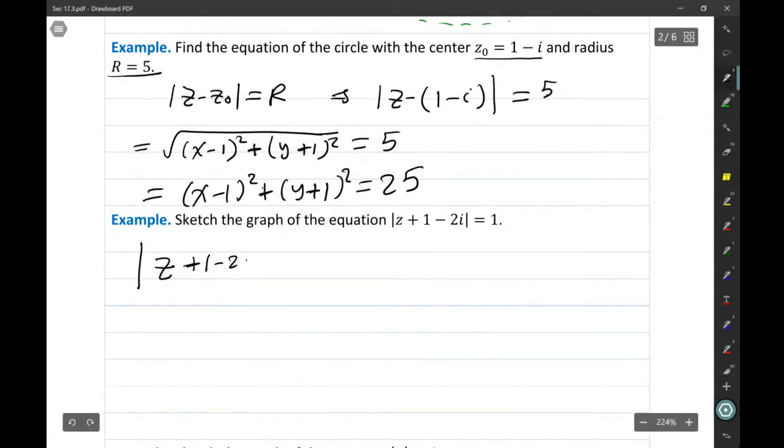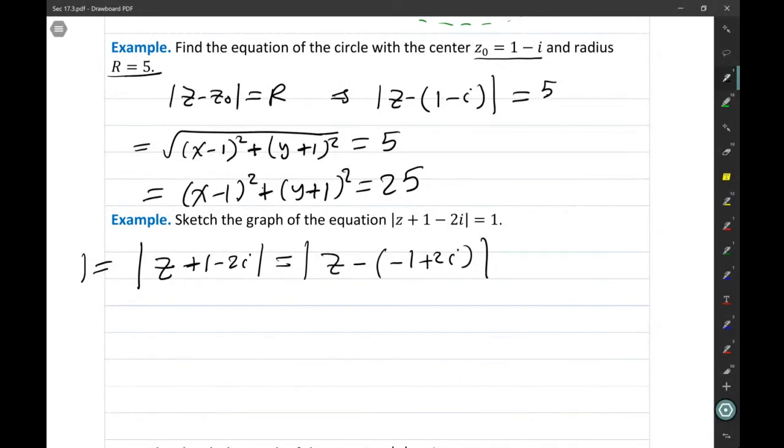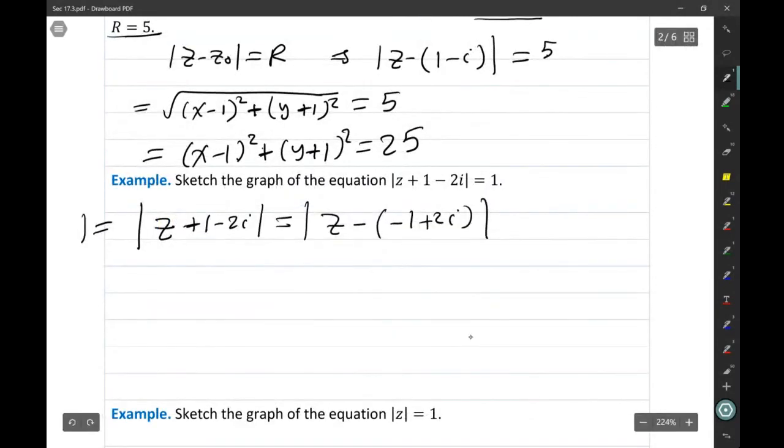Z plus 1 minus 2i equal 1 becomes z minus (minus 1 plus 2i), which represents a circle with center z naught equal minus 1 plus 2i, and radius r equal 1.